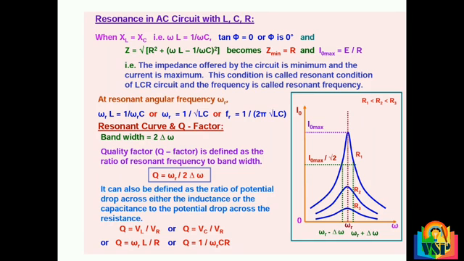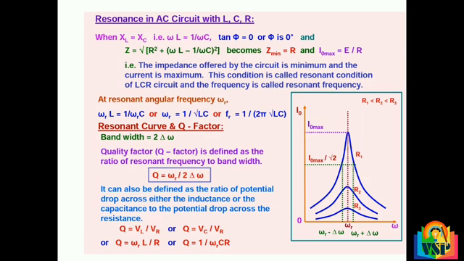Bandwidth means the frequency difference, 2 into delta omega. Quality factor Q is defined as the ratio of resonant frequency to the bandwidth. Q is equal to omega R divided by 2 into delta omega. It is also defined as the ratio of the potential drop across either the inductance or the capacitance to the potential drop across the resistance.